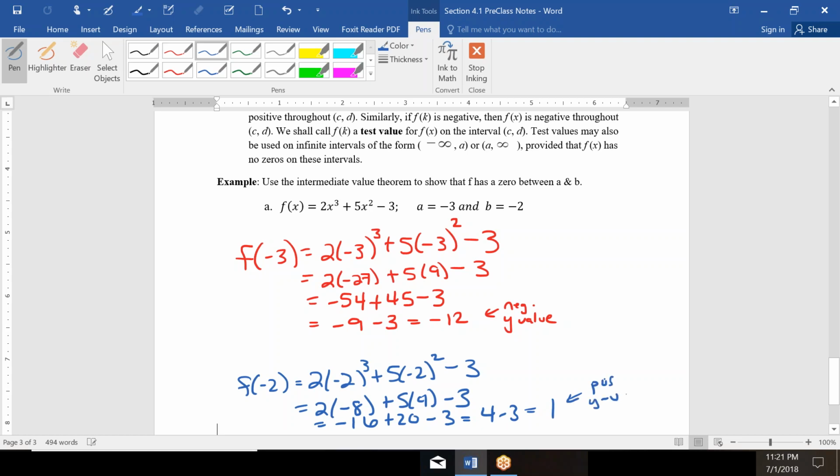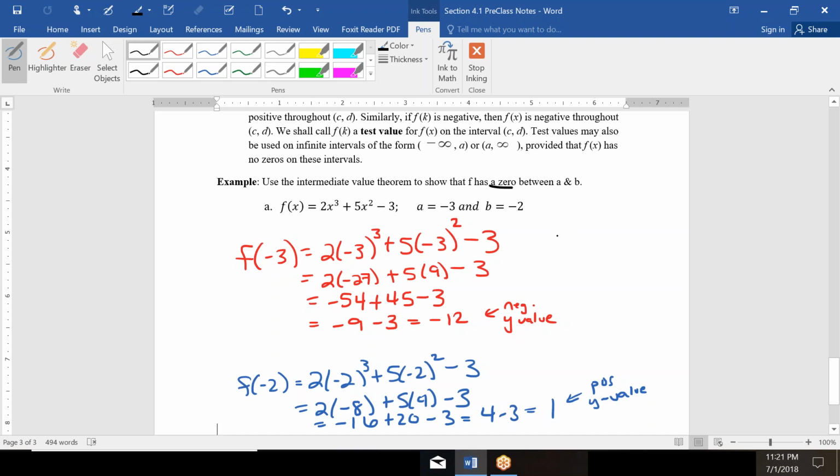So as a consequence of the intermediate value theorem, since our y value changed from being negative to positive, we know that every value in between -12 and 1 is going to be related to a certain x value, since this is a continuous function. So that means there is a 0. There is a place where f of x will equal 0 in between those two values of -3 and -2.